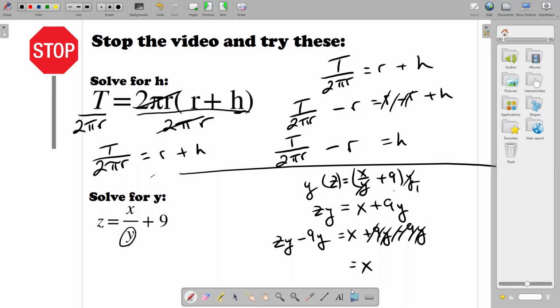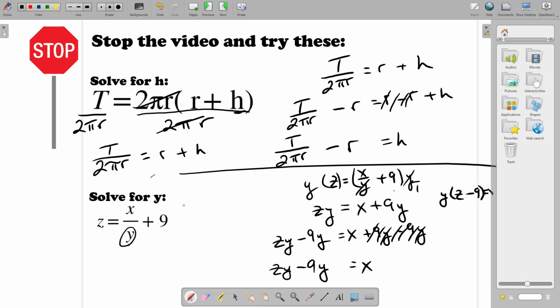I'm left with x, and over here I get zy minus 9y. Now you might say, well, I haven't helped myself. But yes, I have, because I can take this side over here and I can actually factor out a y, and I'm left with y times z minus 9 equals x.